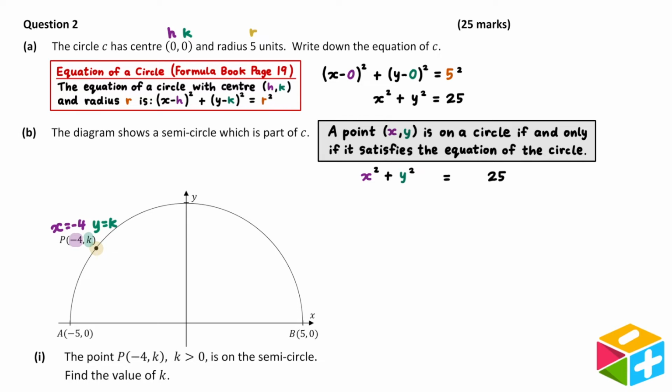So what we'll do is we'll take the equation we found in part A and sub in x is equal to -4 and y is equal to k.